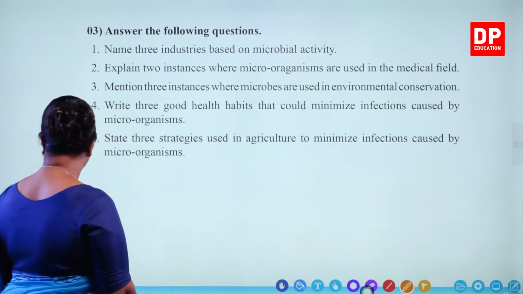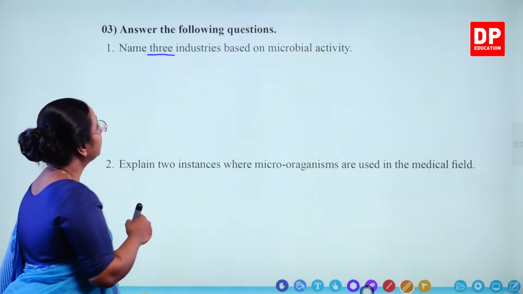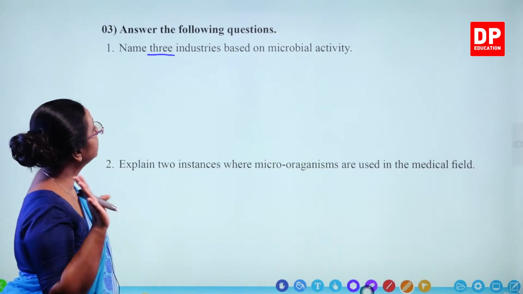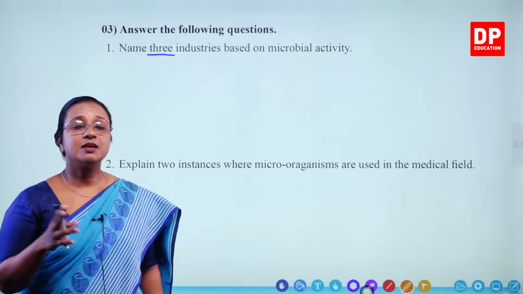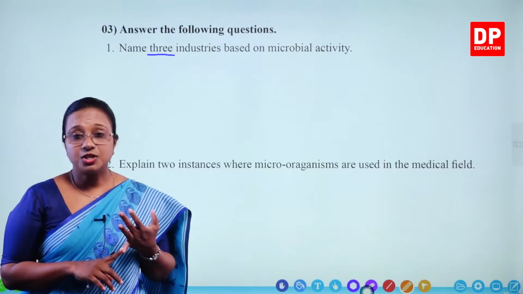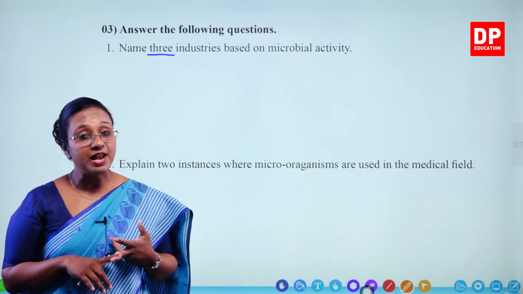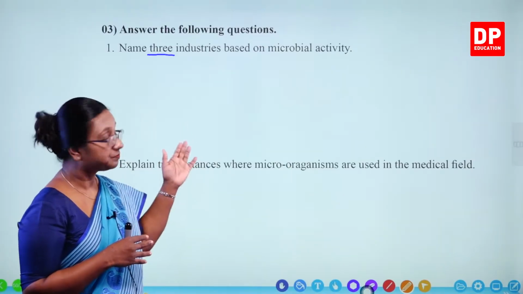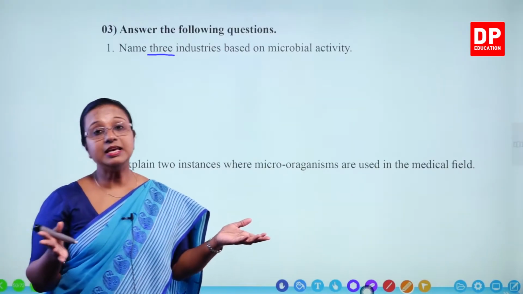First, I will move on to the first question. Answer the following questions. Name 3. Now, here you have to see how many they are asking. Name 3 industries based on microbial activity. You know a lot of industries. What are they? Production of dairy products, production of biogas, production of alcohol, production of vinegar. So, even pharmaceutical industries. You can write any 3.